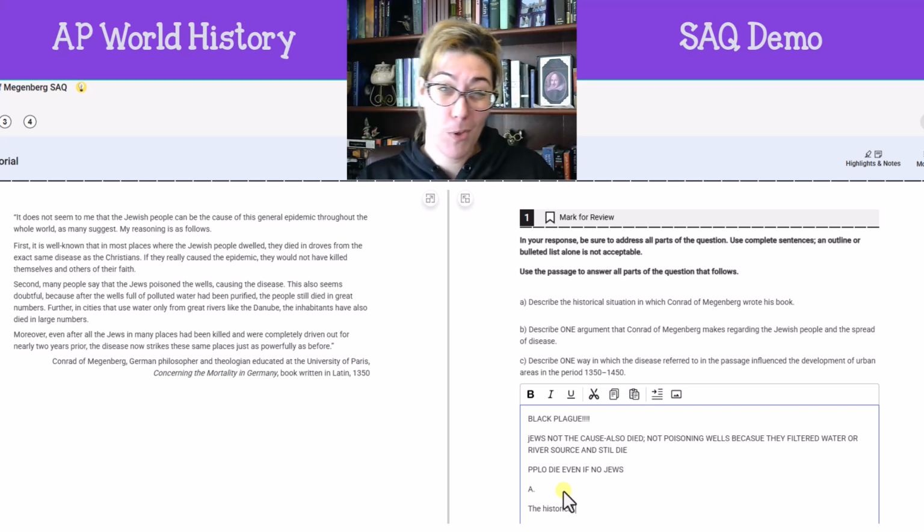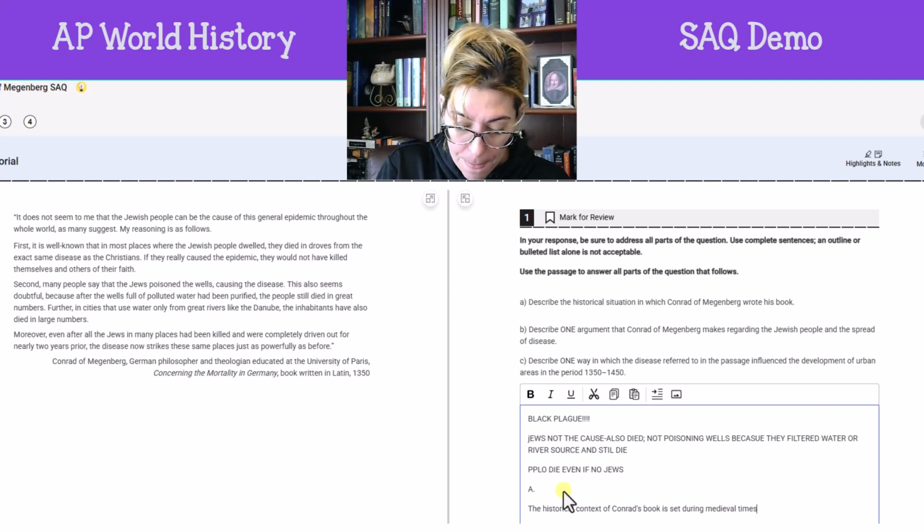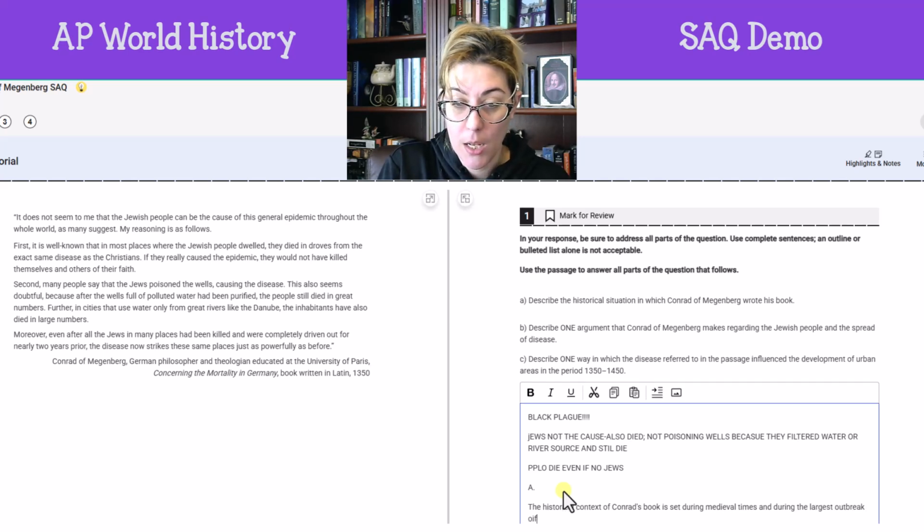the historical context of Conrad's book is set during medieval times and during the largest outbreak of the Black Death Plague.